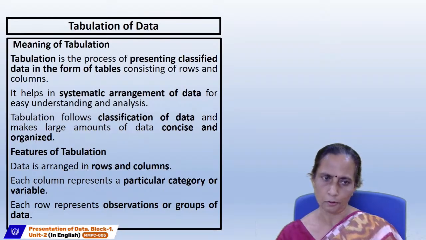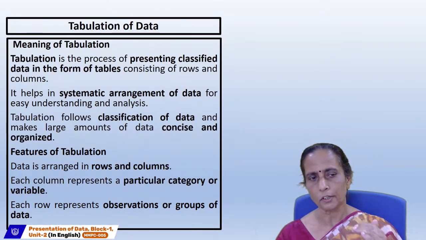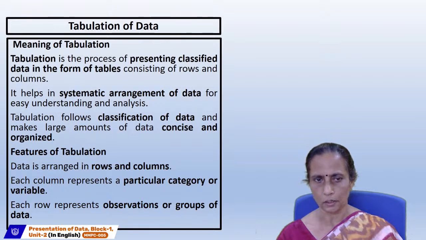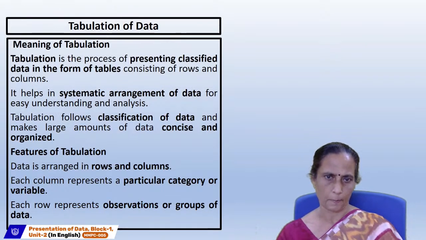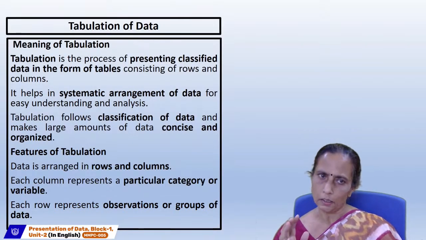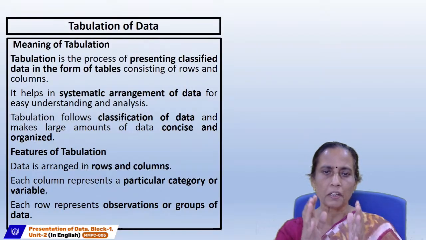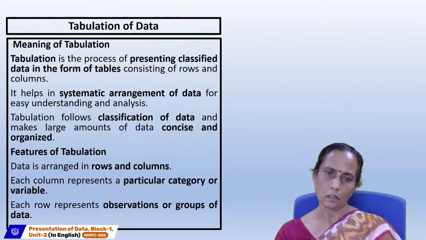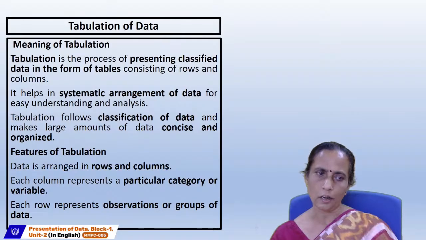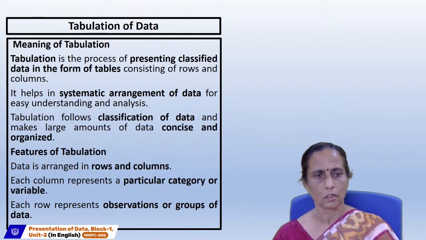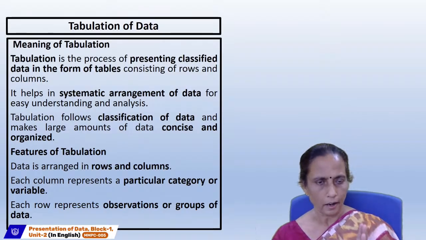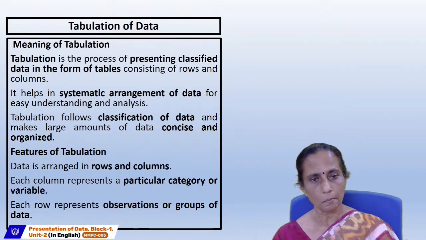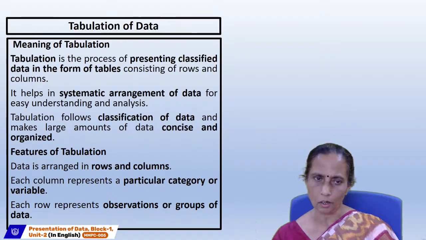Tabulation always follows classification. After your classification is over, you are supposed to present your data in tables. The table is nothing but a tabular format, arranging your data in rows and columns. So tabulation follows classification of the data and makes large amounts of data concise and organized.